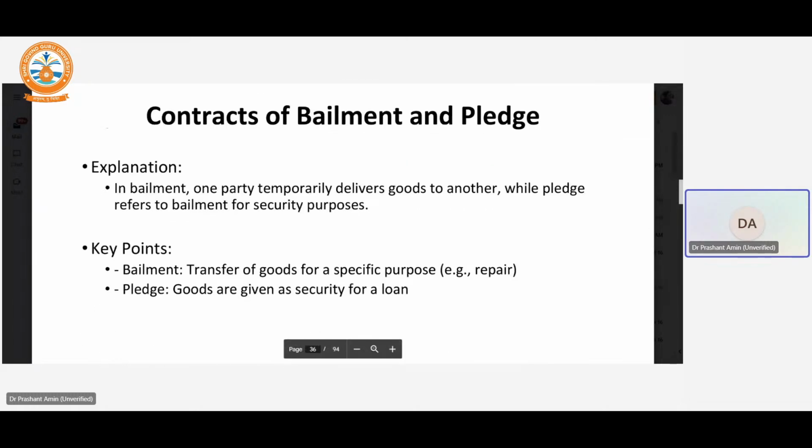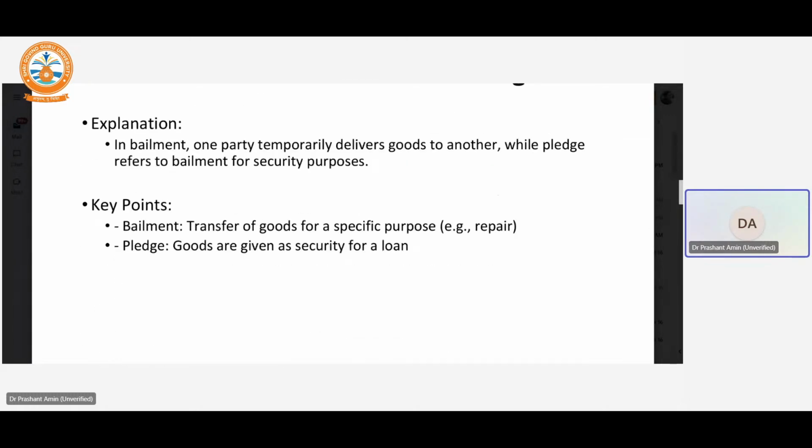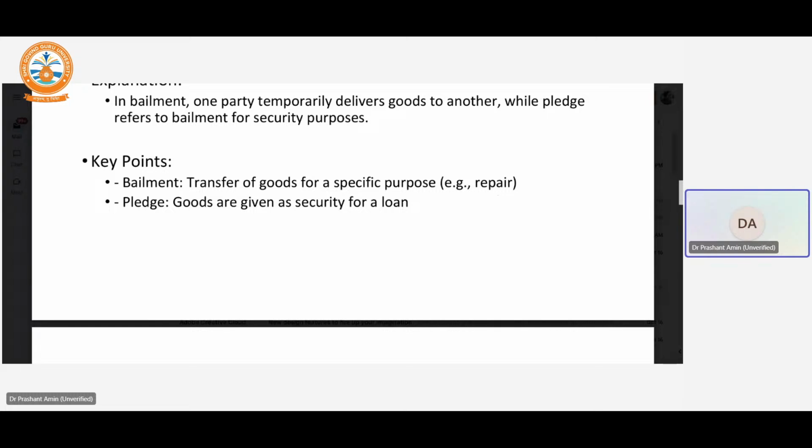Contract of bailment and pledge. One or two questions may be asked from this. Bailment is where one party temporarily delivers goods to another party, while a pledge is a bailment for security purposes. In a pledge, they keep the goods for security purposes only.